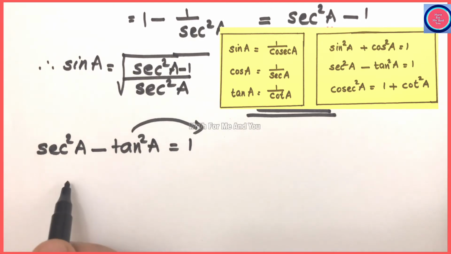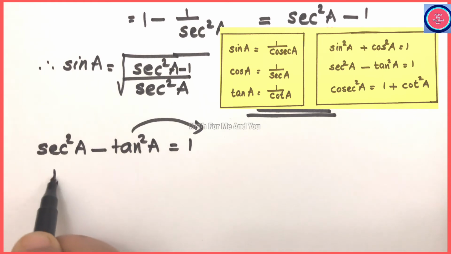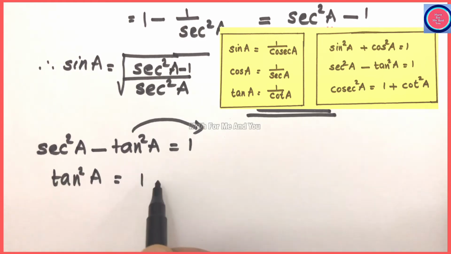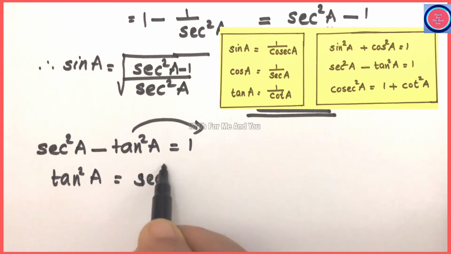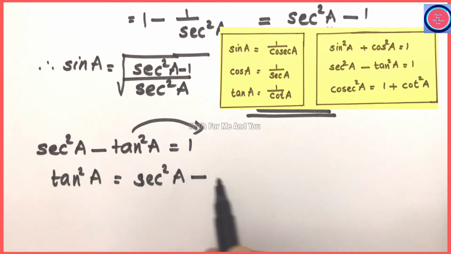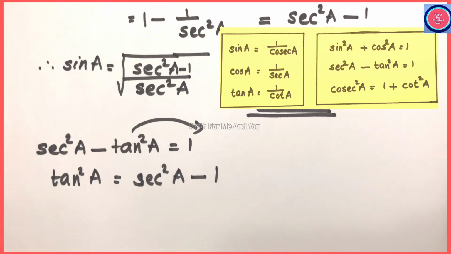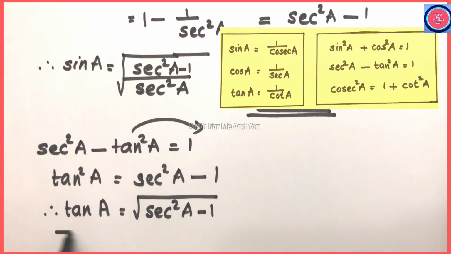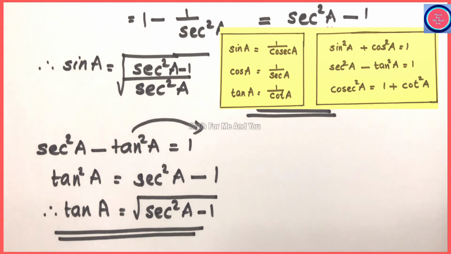Minus tan square goes to the other side as plus tan square. So we get tan square A is equal to sec square A, and the 1 coming to the left side as minus 1. So tan square A equals sec square A minus 1. Therefore, what is tan A? Square root of sec square A minus 1. What we are getting is tan in terms of sec.